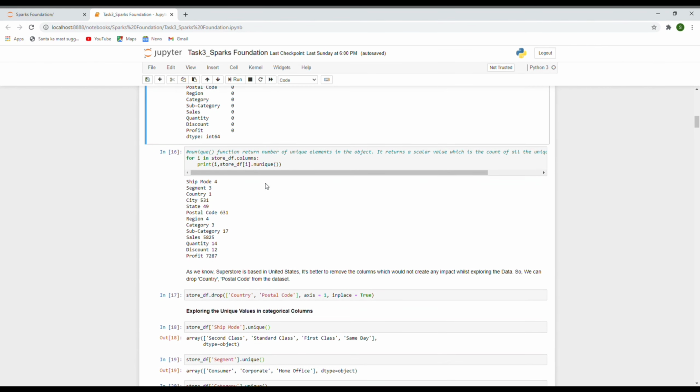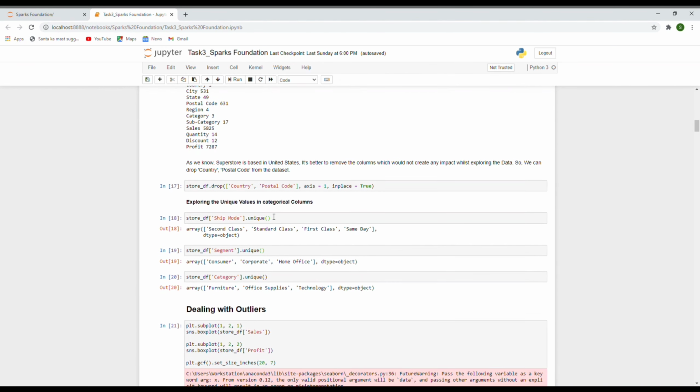And after that, we have explored the number of unique values in our data set, right? As we know that our superstore is based in the United States, it's better to remove the columns which would not create any impact whilst exploring the data. So we can drop the irrelevant columns like country and postal code.